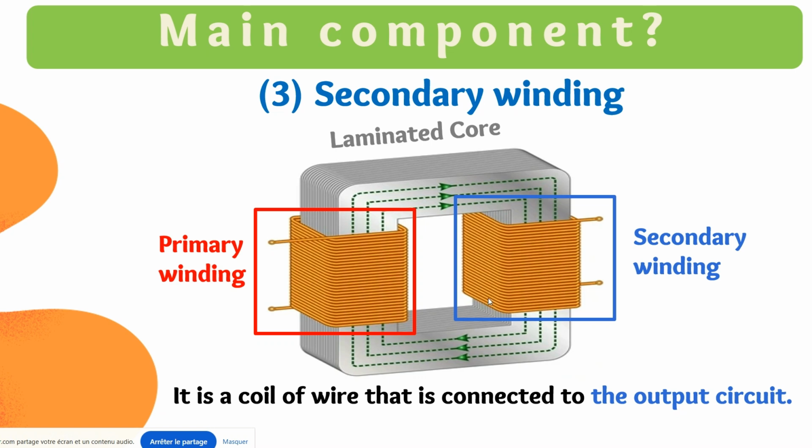And here we have again a coil of wire that is connected to the output, and it is called the secondary winding. This is the main important component of a transformer that allows it to work in a better way.